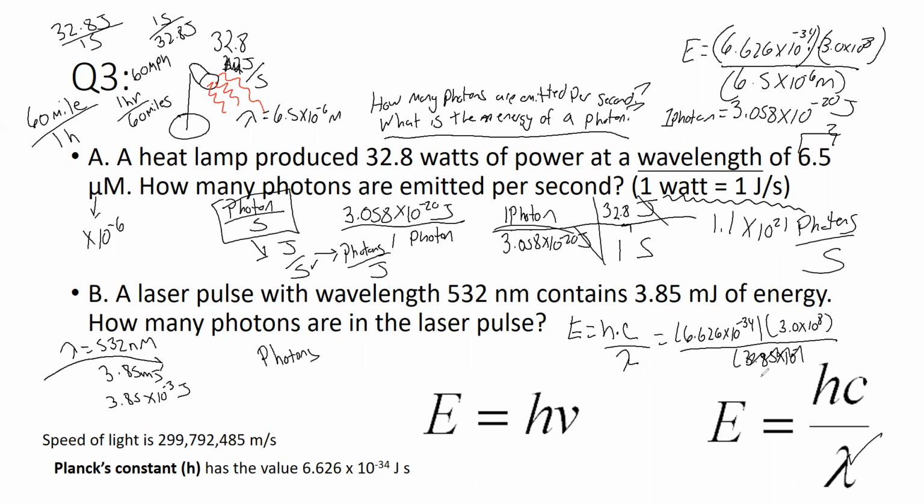I'm looking at the wrong number, which is 532 times 10 to the minus 9 meters. So when we get that, we find that the energy of one photon is 3.736 times 10 to the minus 19 joules.